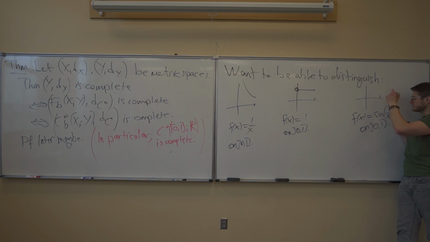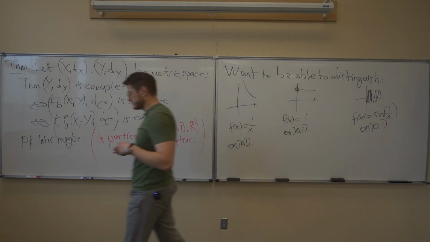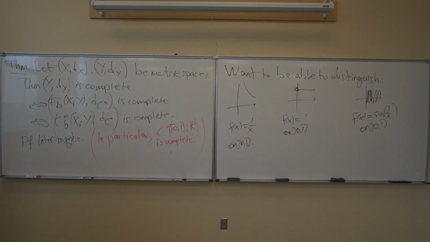At 1, sine of 1 is some number, but then ultimately this is what happens. It keeps oscillating faster and faster. Now, these three functions are none of them technically defined at 0, but their limits as x goes to 0 are different. So their behaviors are different. I want to be able to distinguish them in a formal manner.